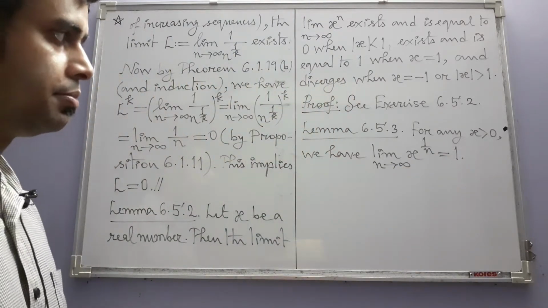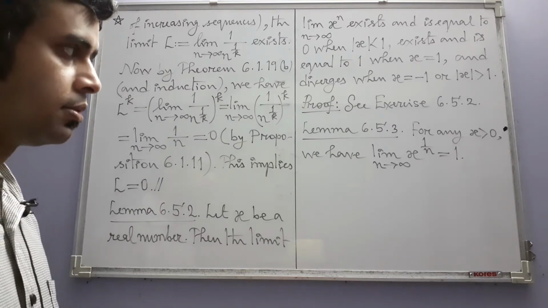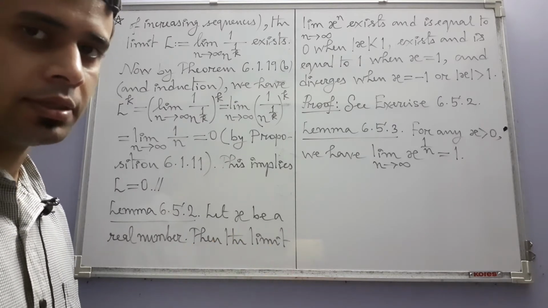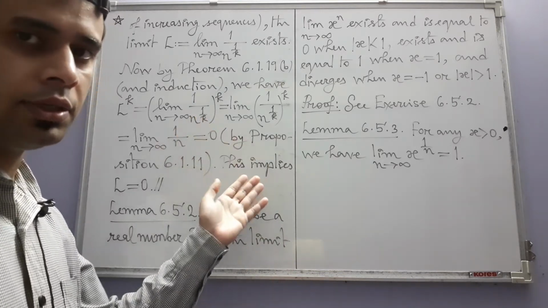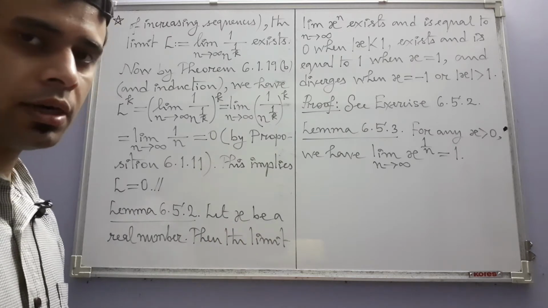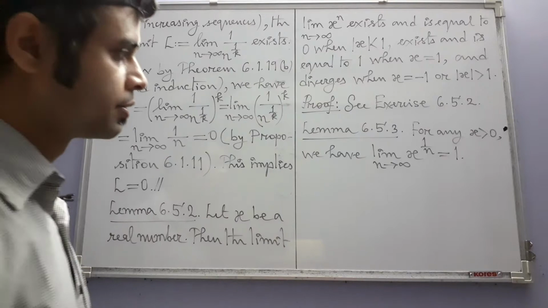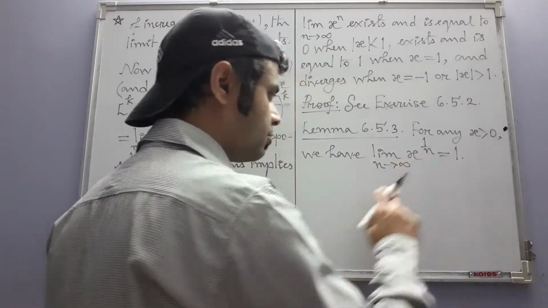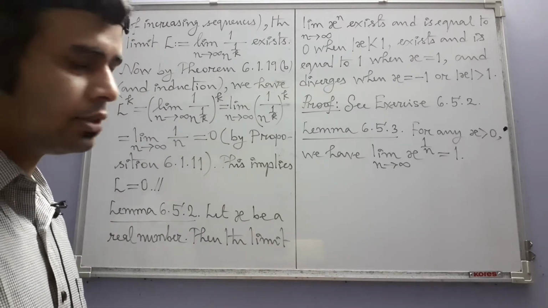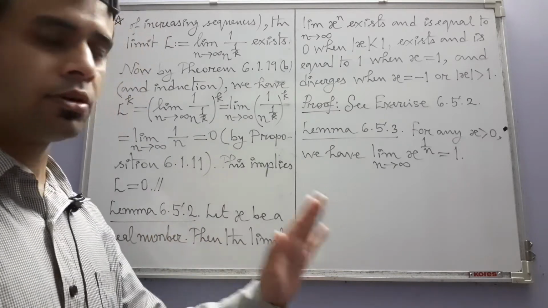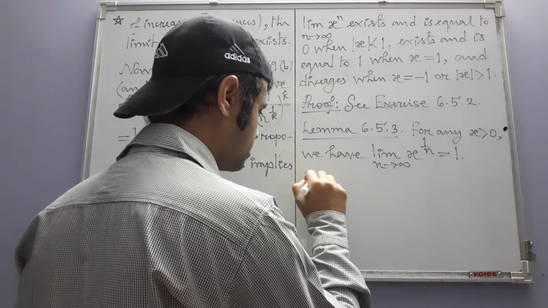So here we are considering nth roots of x, which we know all of them exist because x is a positive real number. From chapter 5 we know that for any positive real number its nth root exists for any positive integer n. So if we consider those nth roots where n is changing but x is fixed, then that sequence converges to 1, and its proof also is one exercise.